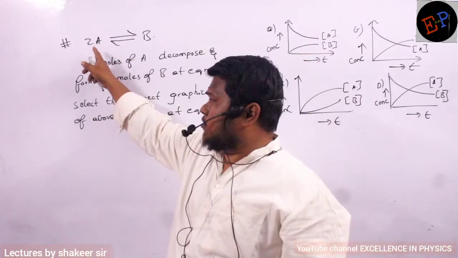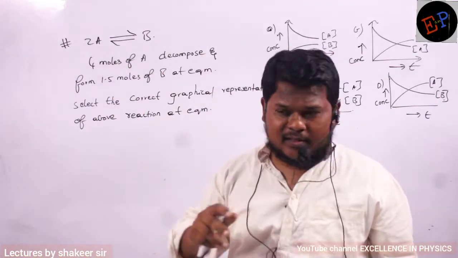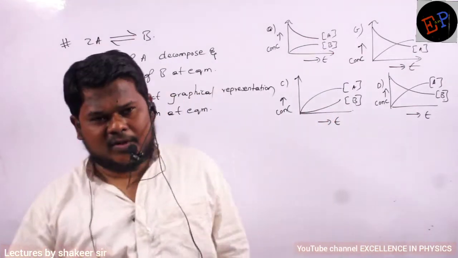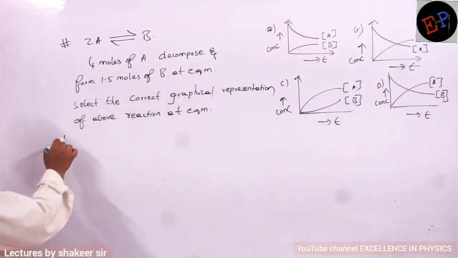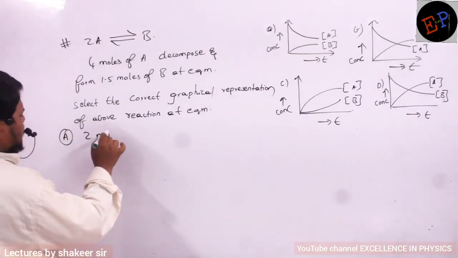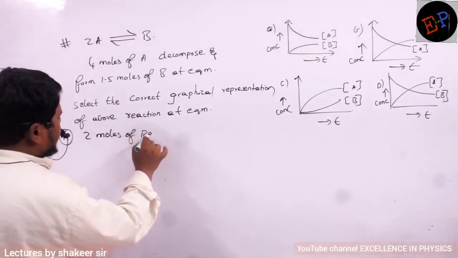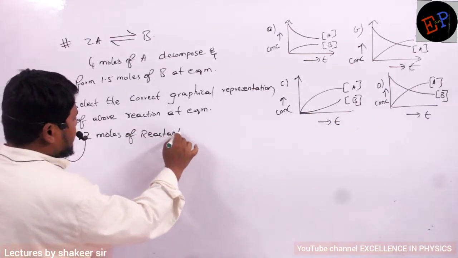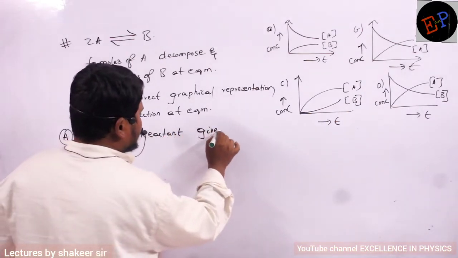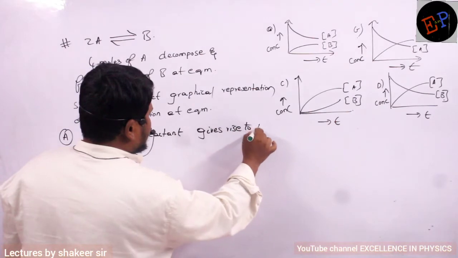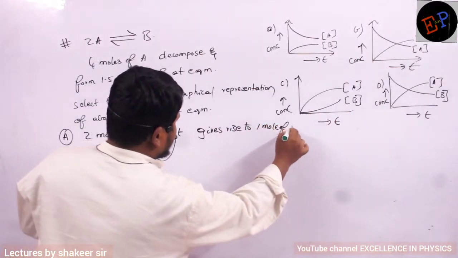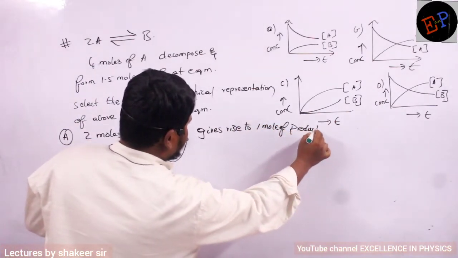So that is the first information which we have to write: 2 moles of reactant gives rise to 1 mole of product.